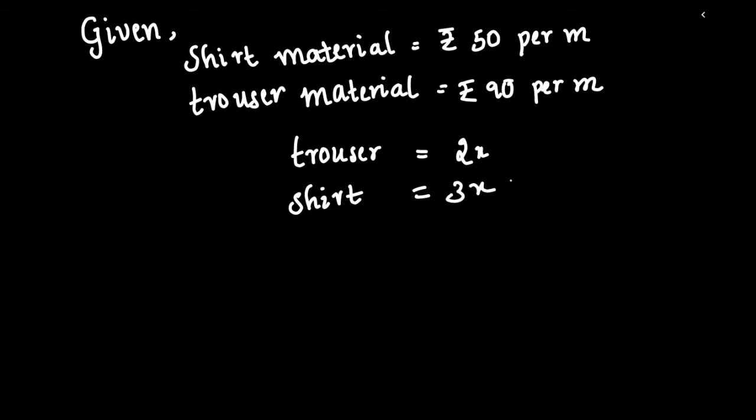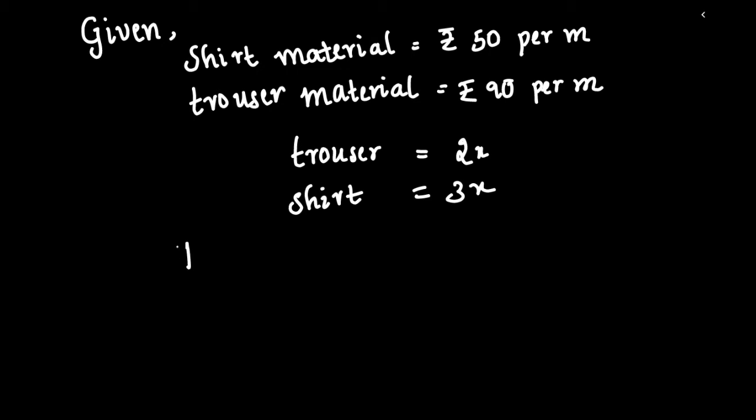This x is an unknown number which we have to find. If we multiply x with 2, we will get the total trouser material he bought, and if we find the value of x and multiply with 3, we will get the shirt material he bought.